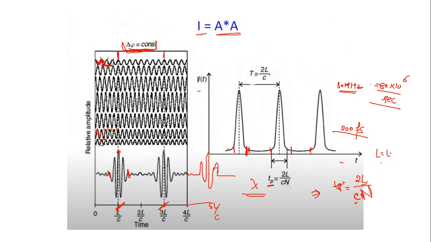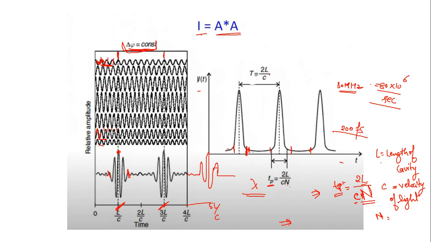So L is the length of cavity, c is the velocity of light, and n is the number of modes. So the more the number of modes, the less the pulse time, the time of a single pulse.